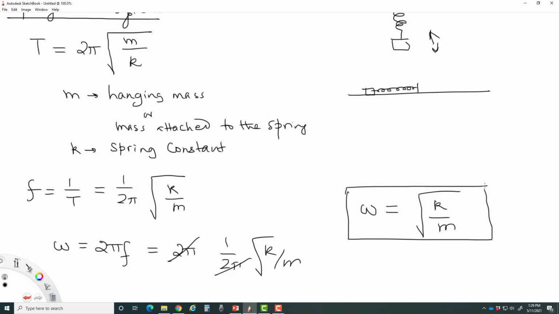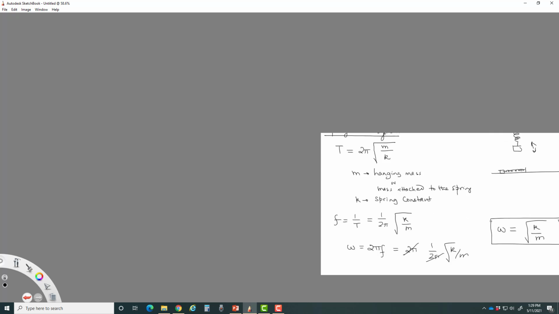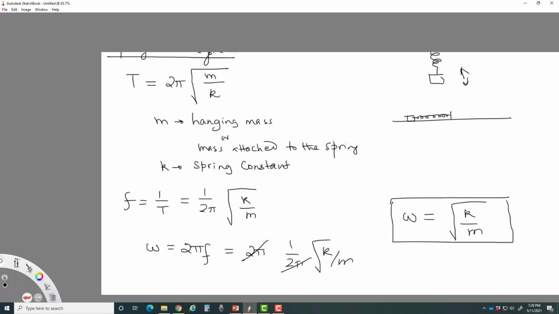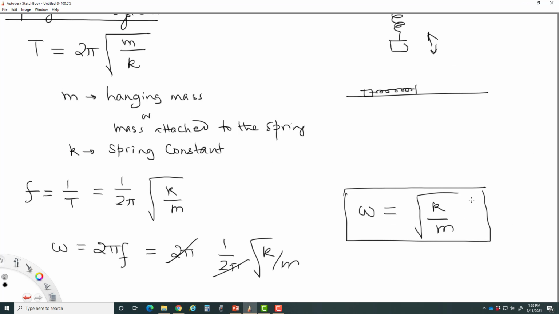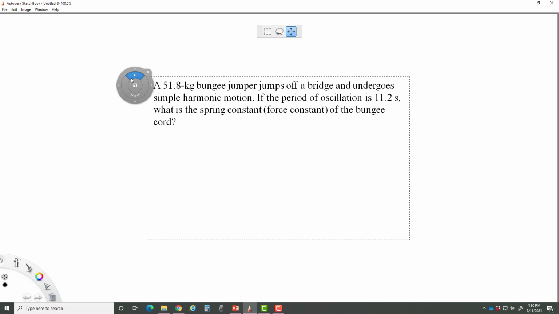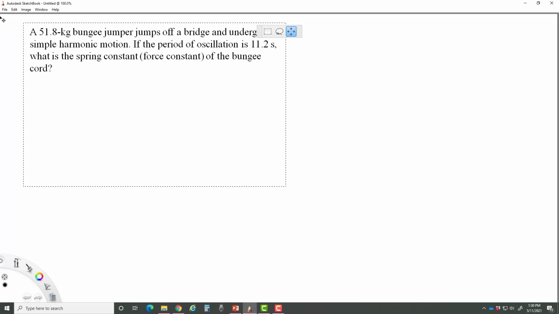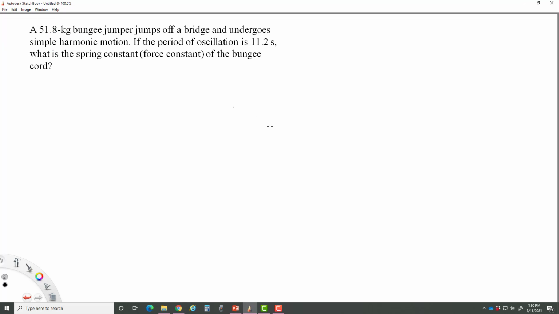So with that, now we can solve some numerical problems. We'll look at some numerical problems, and then we'll also see some of the homework questions. So let's look at a question.